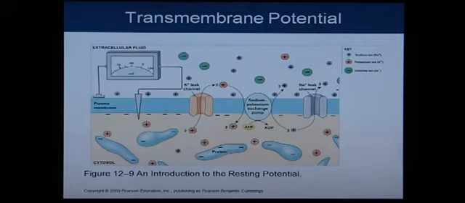And this will help us to maintain the negative 70 millivolt charge in a resting cell. Over here, we have a little probe that's been inserted into the cell that's measuring the millivolts. And notice right now we're clocked at negative 70 millivolts because we are in a resting cell.